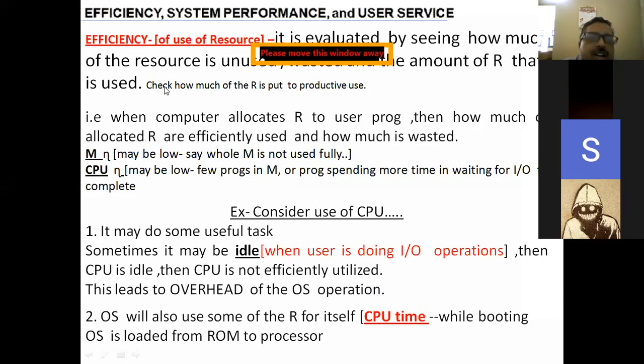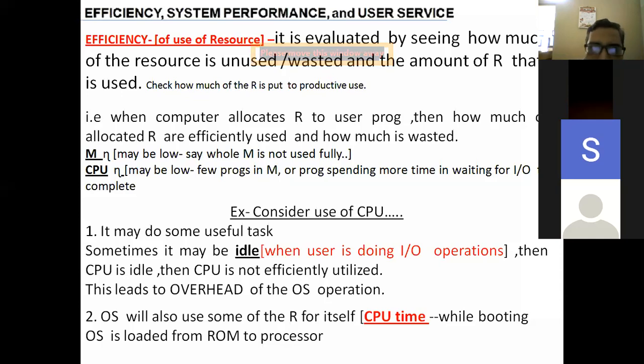Means we can check how much of the resource is put into productive use. Among the bunch of resources, how much is being effectively utilized and how much is being wasted. Based upon this fact, we can measure the efficiency of the use of resource.